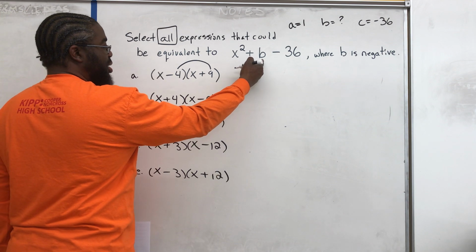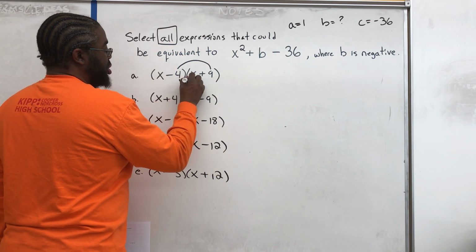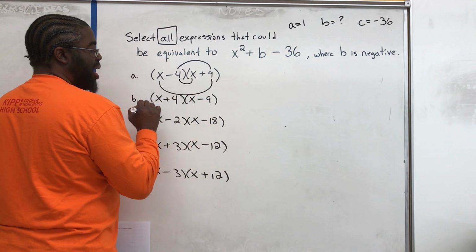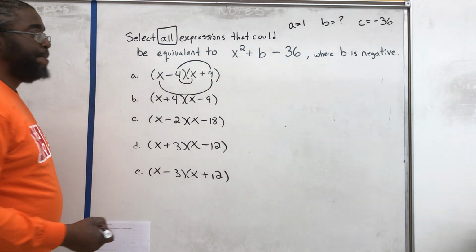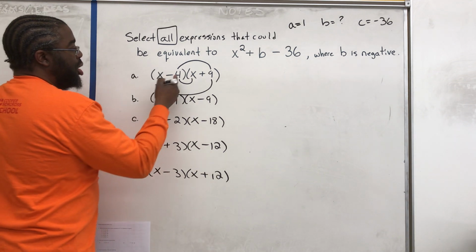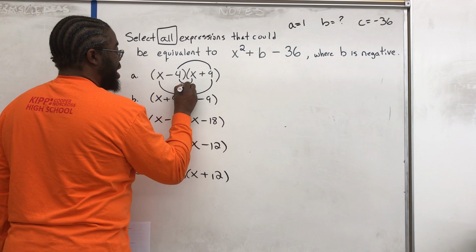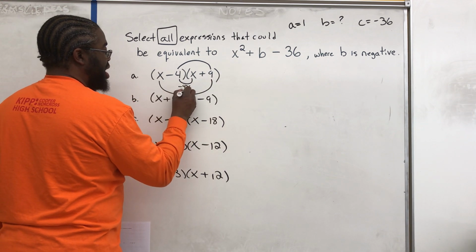Now let's check my inside. The way I get my middle, inners and outers, when multiplied, have to add up to whatever my middle is, right? The x squared just came from x times x. So the inners, negative 4x, the outers, 9 times x, positive 9x.